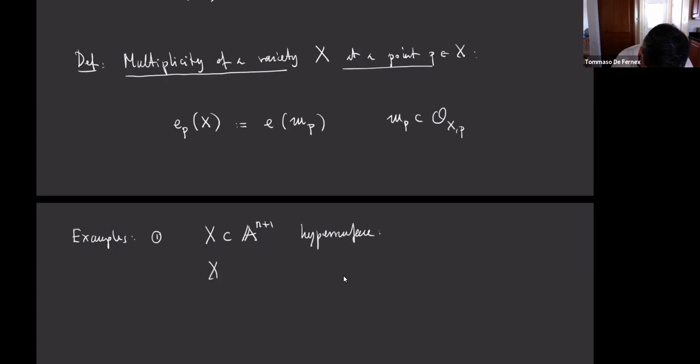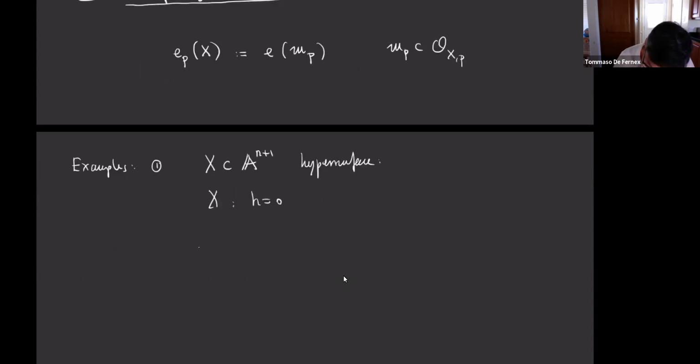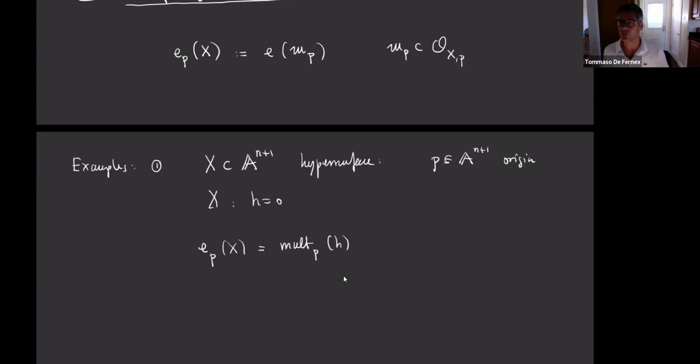Say locally X is defined by some equation h equal to 0, and take P to be the origin inside A^{n+1}. Then the multiplicity of X at P is nothing else than the usual multiplicity at the origin of h. It's the degree of the leading term in the polynomial at 0, so the smallest degree of a monomial appearing in h. So it is what we're used to.